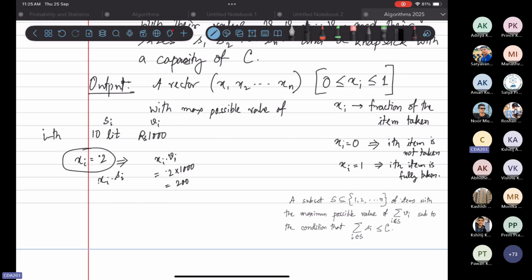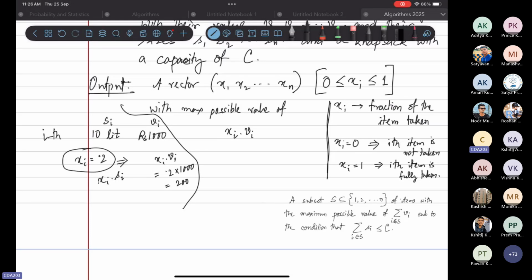So now out of this example, can you tell me what is the quantity I am trying to maximize? For the ith item, I have taken xi fraction.